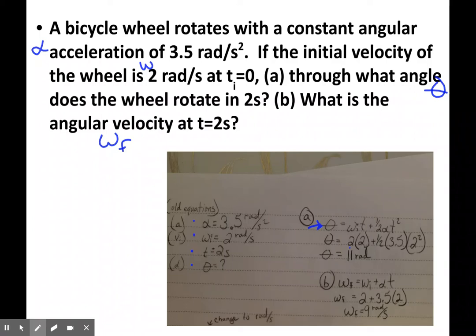That gives us an angle of 11 radians. What's the angular velocity? Basically, we're doing vf squared equals vi squared plus at, but in terms of rotation. Plugging it in and solving, we get an angular velocity of 9 radians per second.